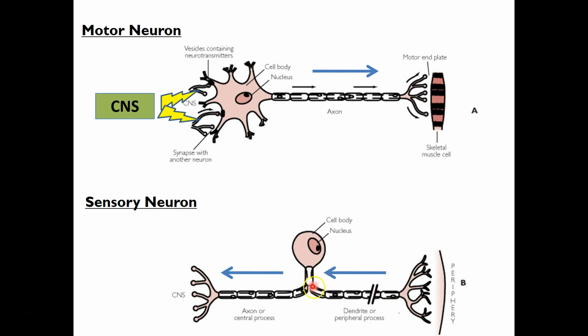They have a peripheral process that comes into it, and then a central process that comes back into the central nervous system, and information can be brought to the central nervous system. So the fundamental difference here is really that when we're talking about motor neurons, there's a synapse directly onto the cell body from an adjacent neuron. When it comes to sensory neurons, there's a stop along the way at the cell body and at the nucleus.